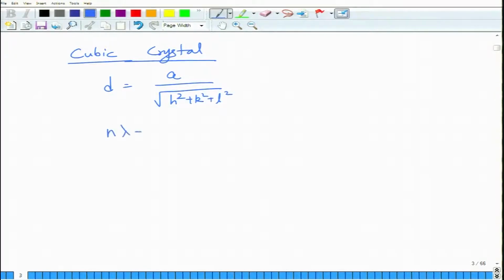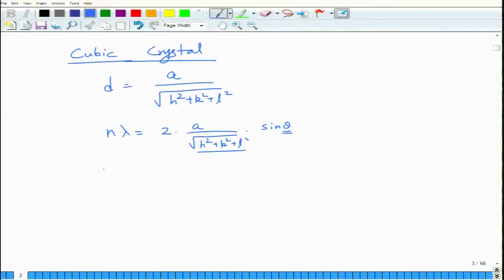So, n lambda will be equal to 2 into a divided by square root of h square plus k square plus l square into sin theta. So, you can see that your theta will depend only on square root of h square plus k square plus l square. So, that is how you index your planes.